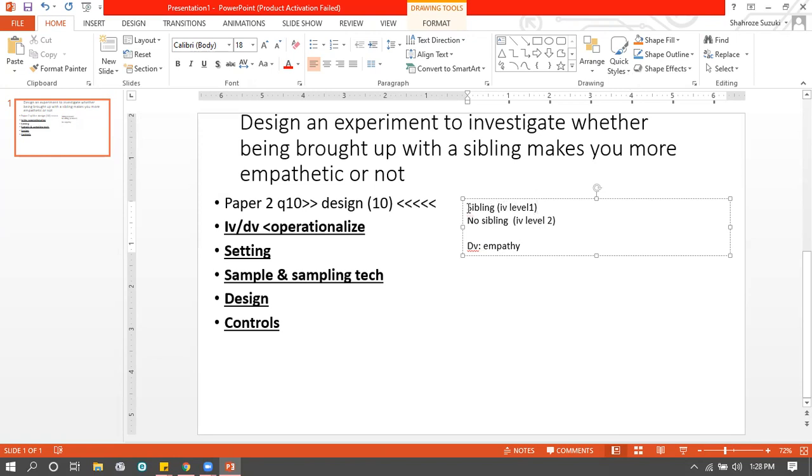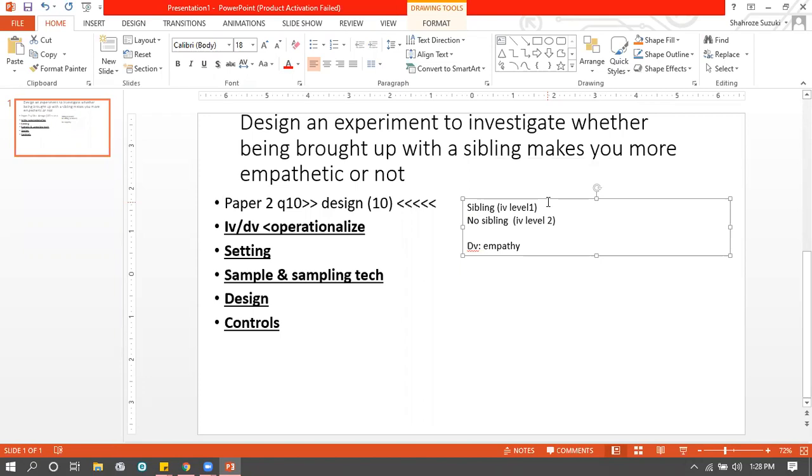So what do we mean by a sibling? A sibling is a brother or a sister. There's already confusion when we define sibling, since it's either a brother or a sister. So you're supposed to specify between a brother and a sister. Number two, is it going to be an elder sister, an elder brother, a younger sister or a younger brother?